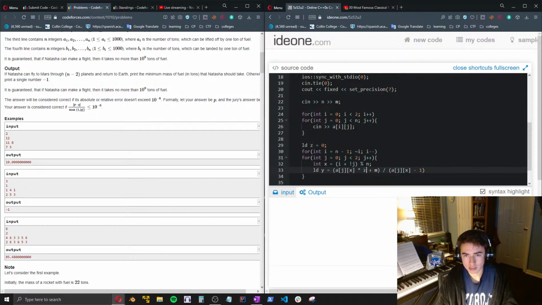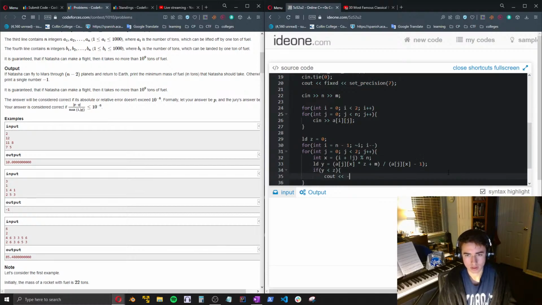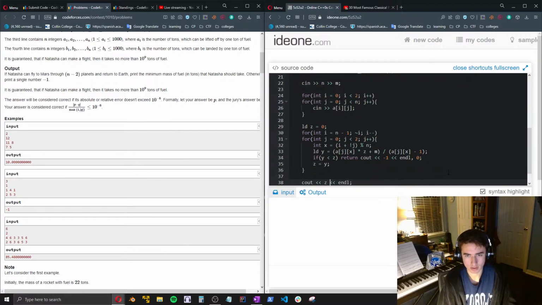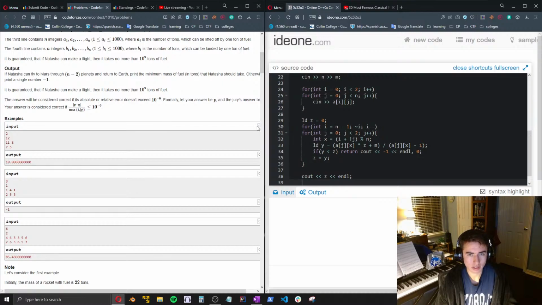Because z is a long double, the numerator will be cast into a long double, so the division will work as we want. And then we do if y is less than z. Something like this. Let's see if this works.